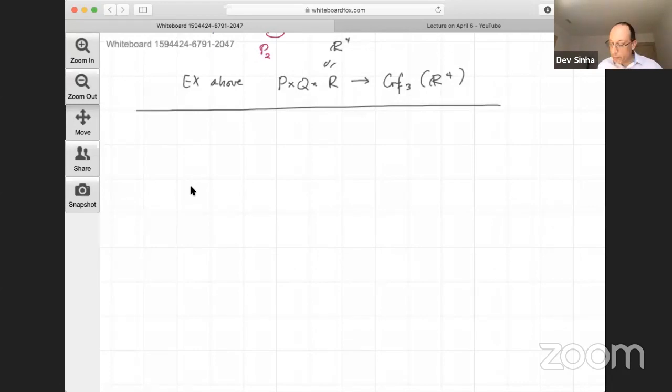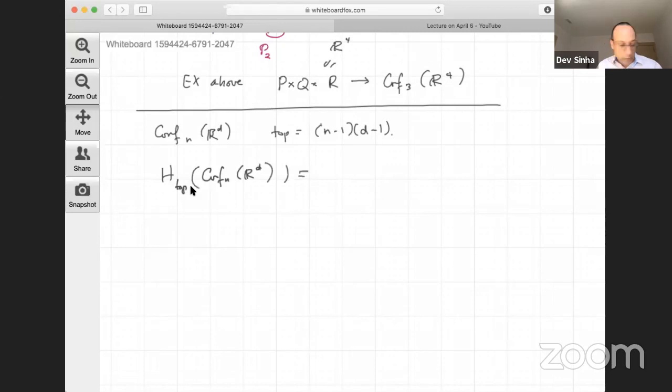Let's remember, if I've got configurations of n endpoints in R^D, I'm going to define top to be the number (n-1)(d-1). And then the homology in top degree of configurations of n endpoints in R^D is often called Lie_n.